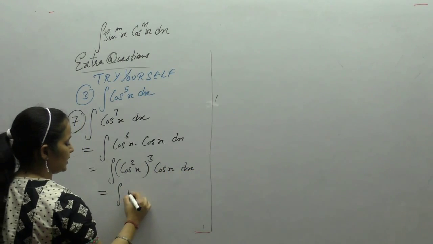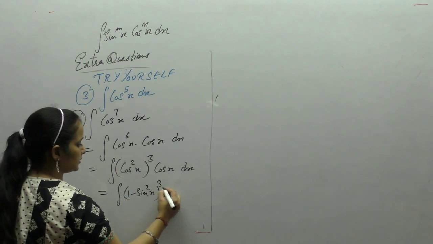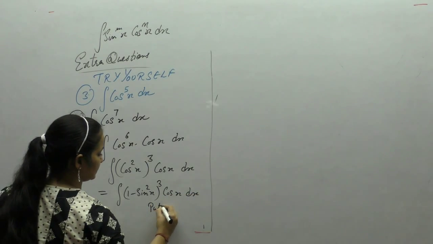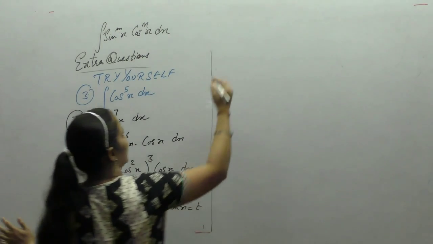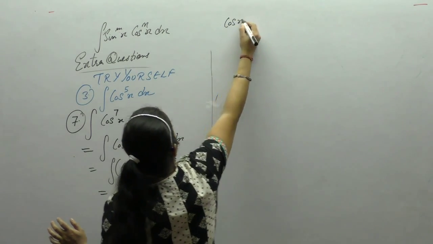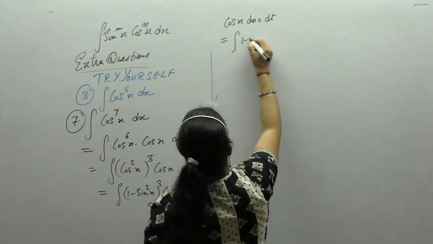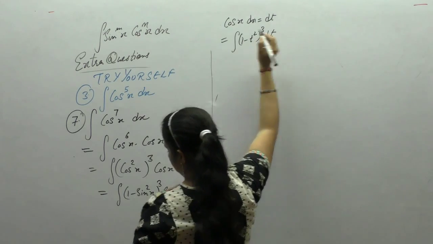Instead of cos square, use the identity 1 minus sin square x. Now put sin x as t. Derivative of sin is cos x, so cos x dx is equal to dt. 1 minus t square whole cube dt.